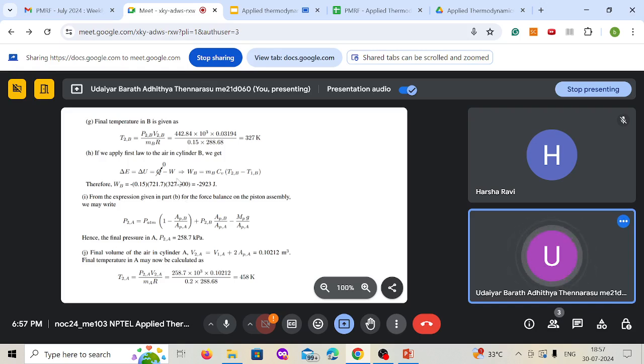With that and the final temperature given, you estimated the total work done on cylinder B, applying the first law.